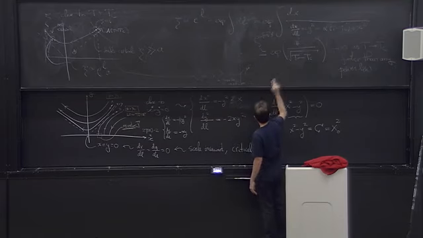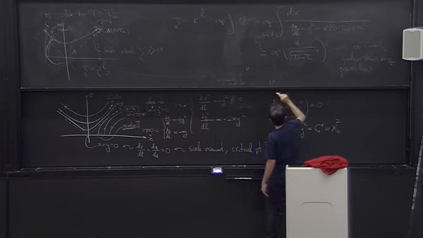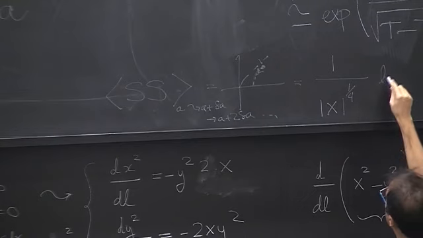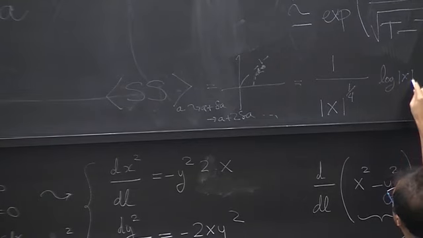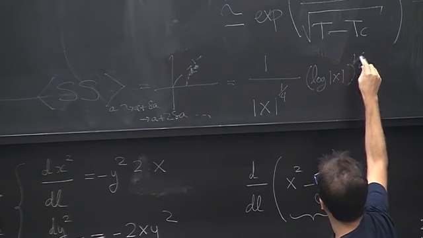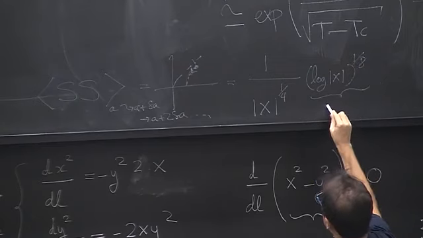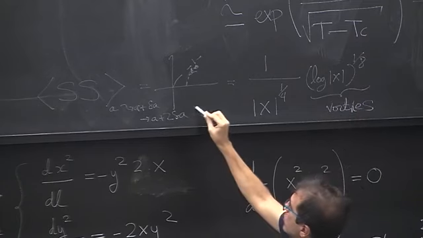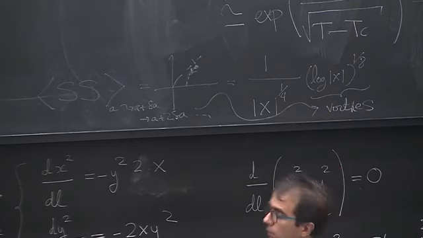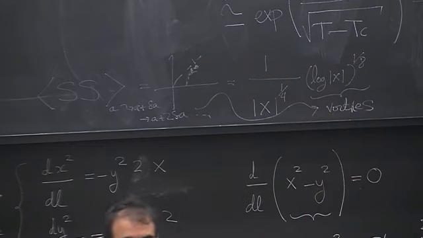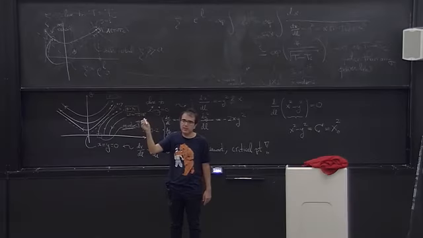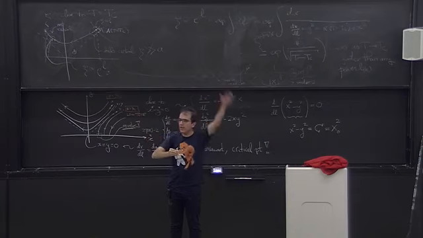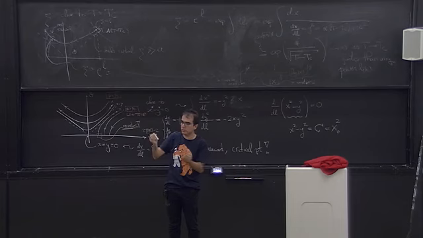And the behavior that you get is 1 over x to the 1/4 times log of x to the power 1/8. And this log correction is an effect of the vortices that you would get if you were to do this integration carefully. That's an example of how the behavior very close to the transition has these logarithmic corrections that you interpret as some remnant of the vortices.